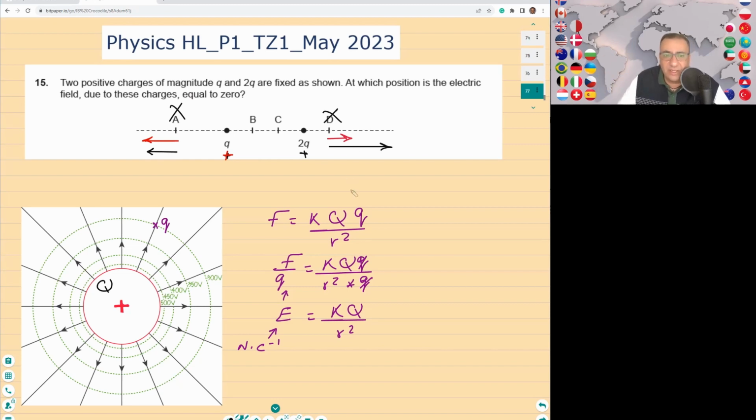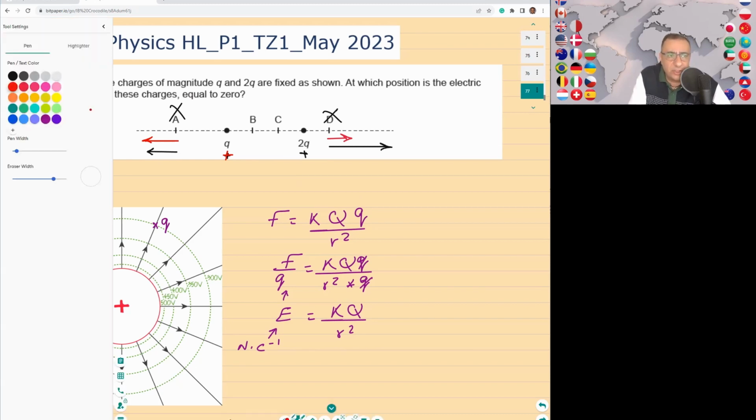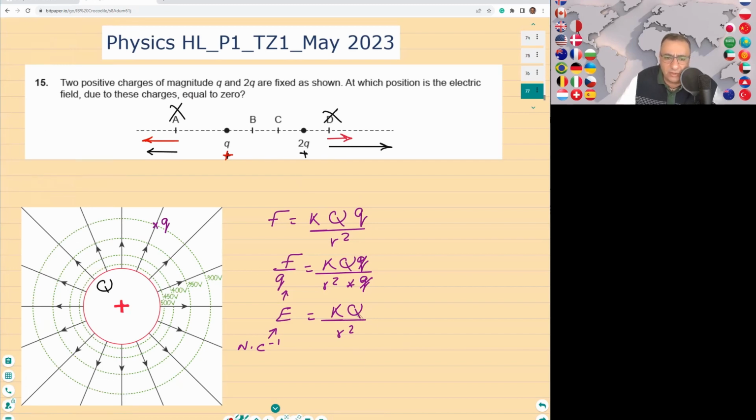So now we are really between B and C. Let's use our intuition and our relationship between E, Q and R. The bigger the Q, the bigger the field strength; the bigger the distance, the smaller the field strength.